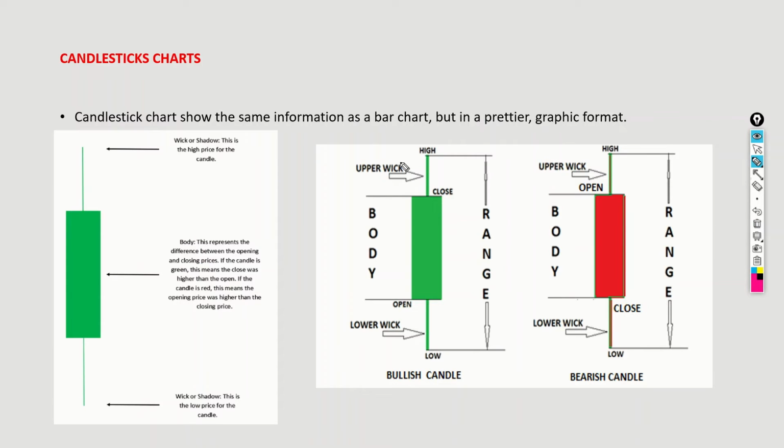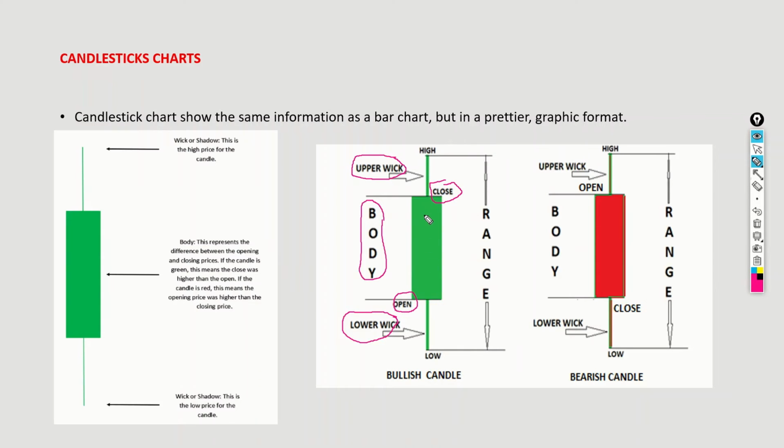So to come back here, we have the upper wick or the upper shadow, and it tells us the highest price traded. Then we have the lower wick or the lower shadow. It tells us the lowest price traded. Then here we have the body, and it tells us the difference between the open price and the close price.